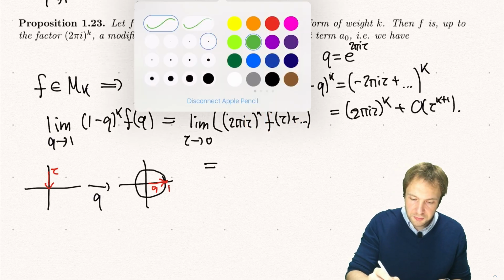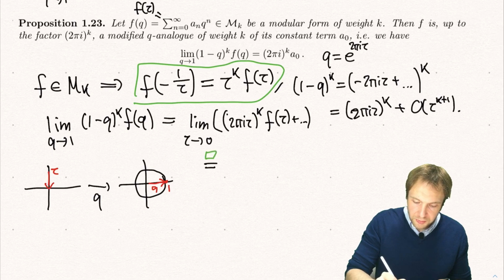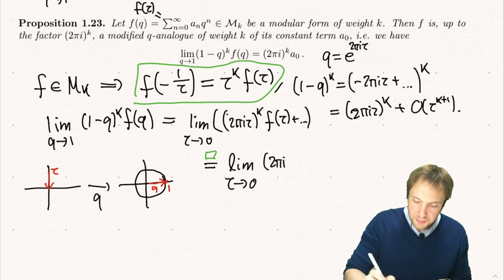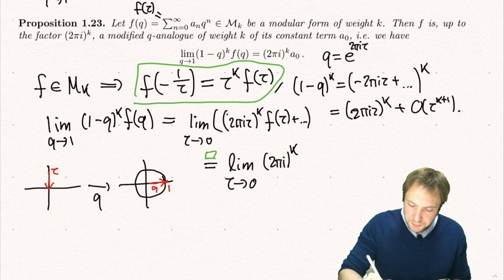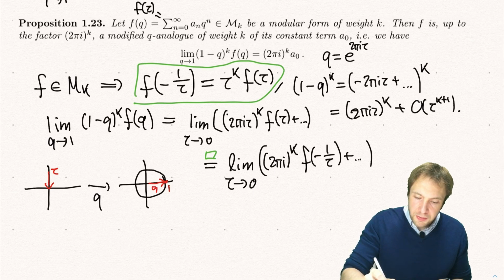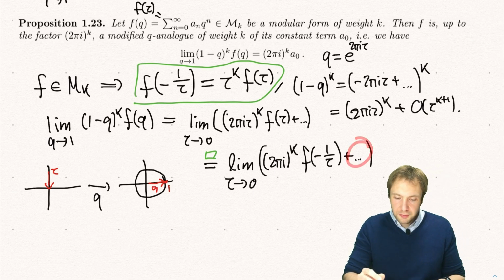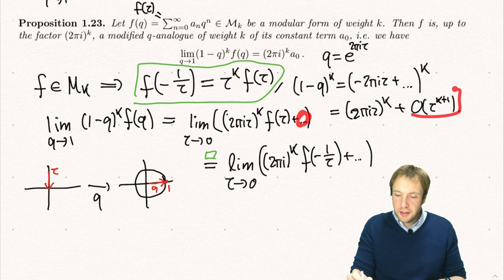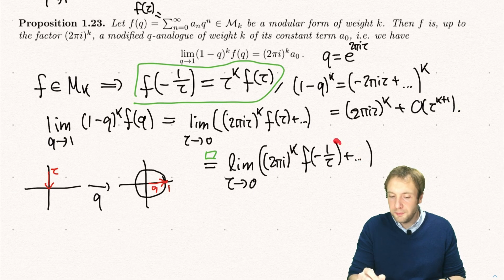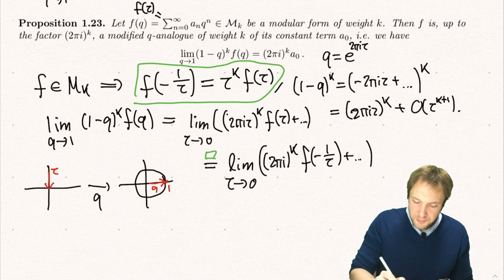So using this, we get a limit, tau goes to 0, of (2 pi i) to the power k f of minus 1 over tau plus dot dot dot. And here in the rest I have higher powers of tau, so here I have tau times some f, and this part will just vanish.